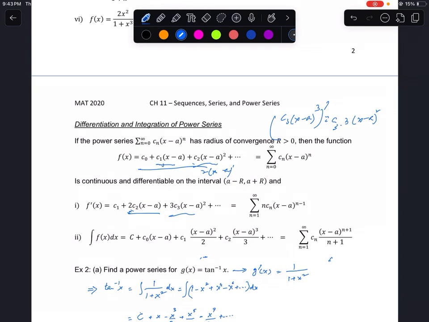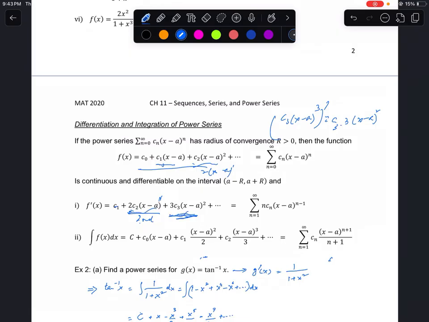So we have n cn (x minus a) raised to the power n minus 1. Why n minus 1? Because see here, this is the second term, but the power here is 1, so 2 minus 1. This is the third term, 1, 2, 3.